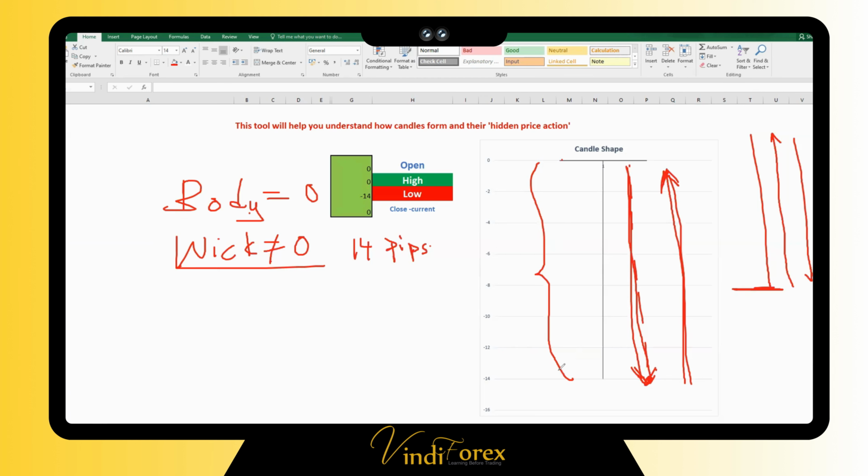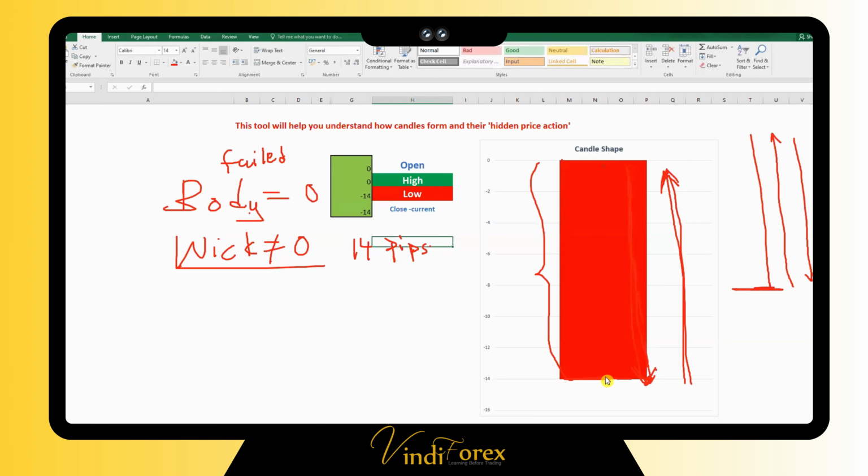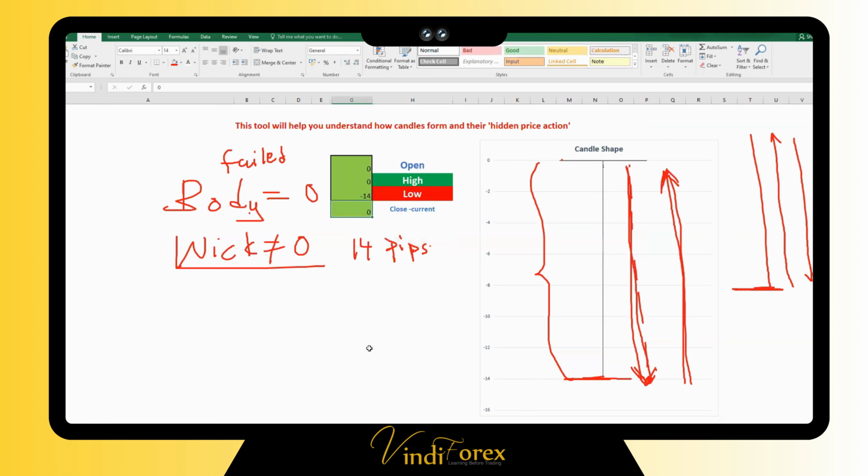So the one who gets a zero is a fail. Who failed? The body failed. Which body? The one that was here before. Let's dial it back. Remember, it was red. This one. It first came down here, right? And then it went back up.